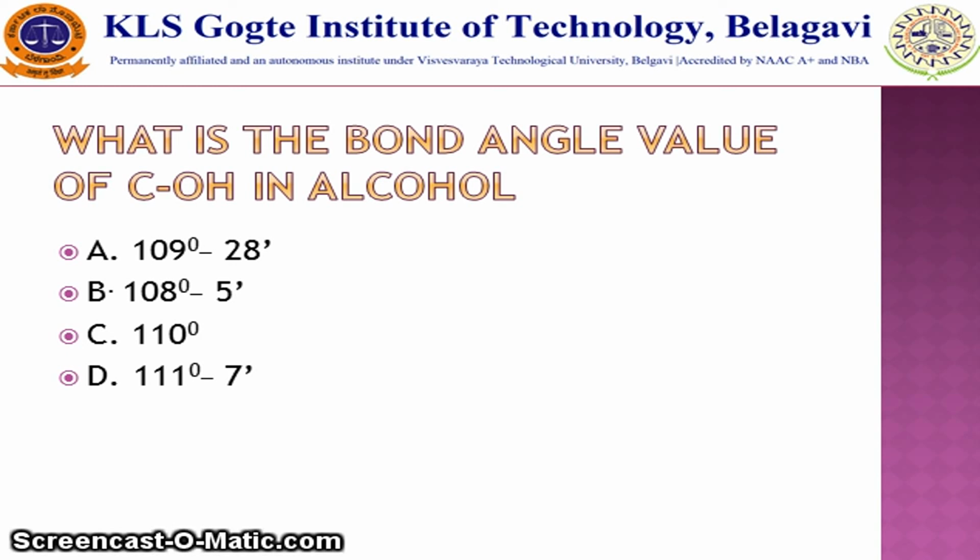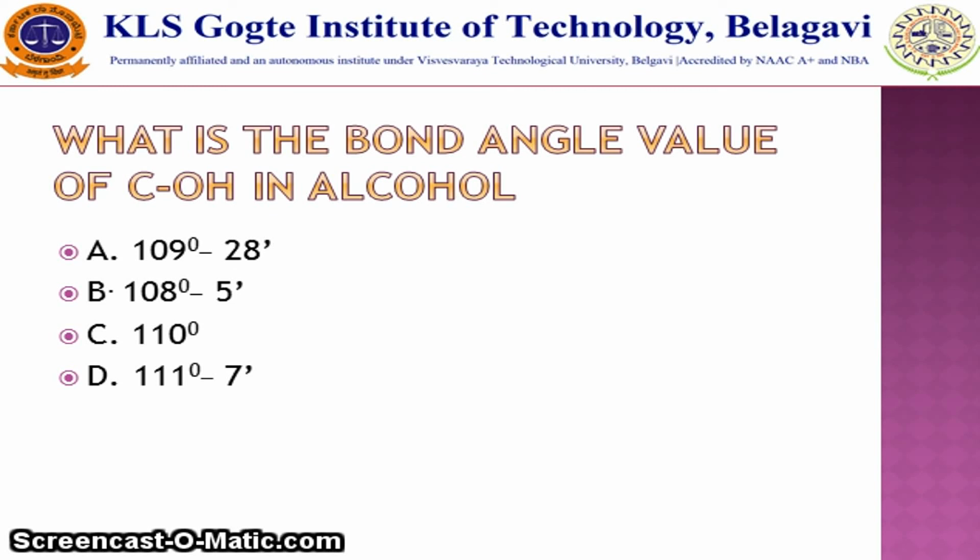Now these alcohols are sp3 hybridized, so they have a tetrahedral angle, and we know that the tetrahedral angle is 109 degree 28 minutes. Usually students think that just tick this A as the answer, but it is wrong.